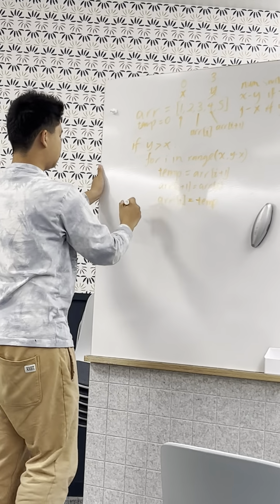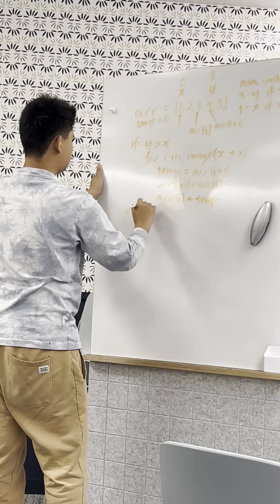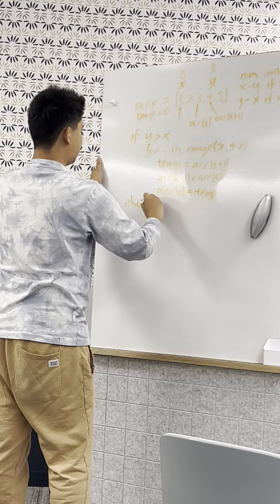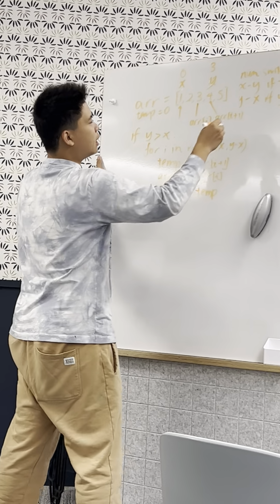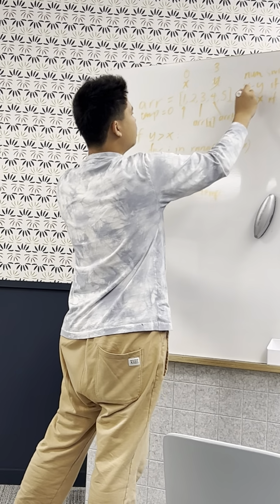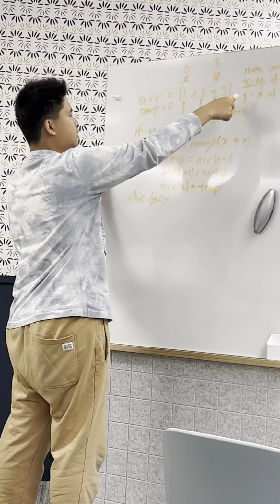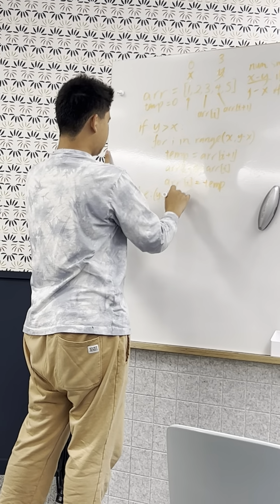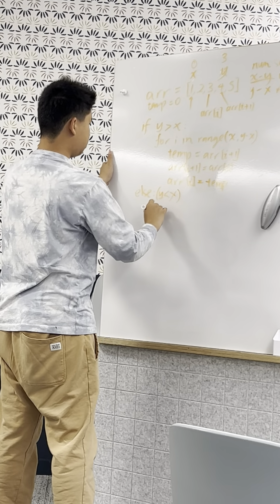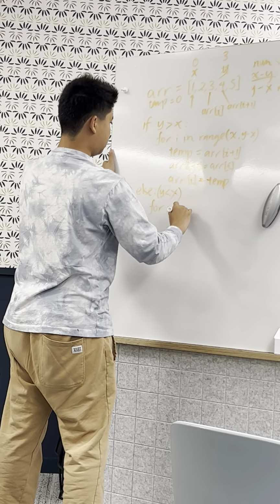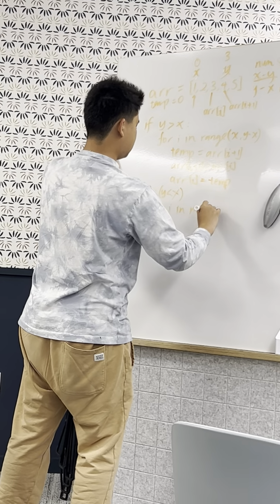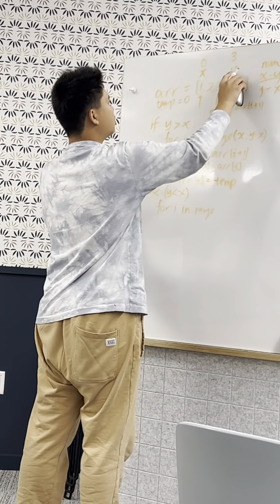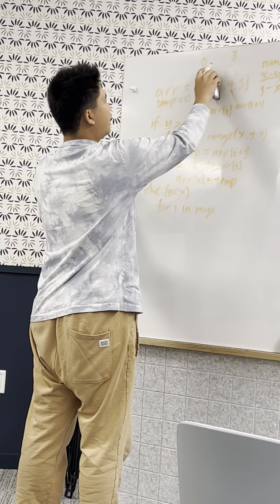So the other condition is else, or I'm just going to put in parentheses, y is less than x. That's a condition that we mentioned. So the range that we're going to use is x minus y. So basically, we're going to do a for loop for i in range. And now the condition is that x is greater than y.